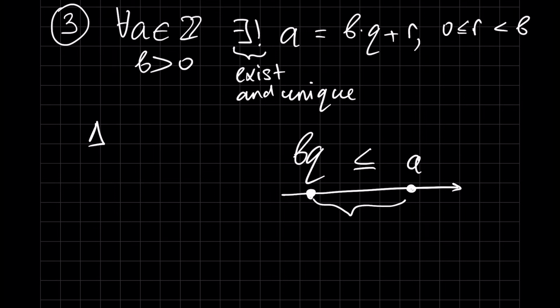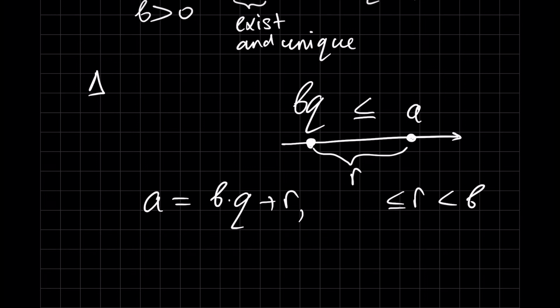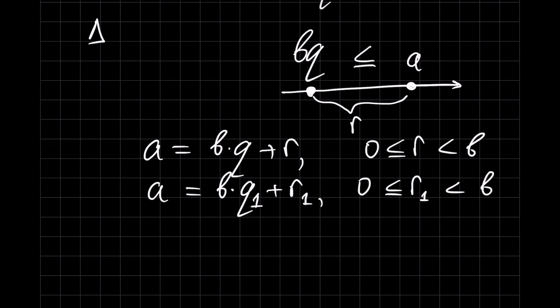And this distance between these two numbers will be R. And we can write A equal to B times Q plus R, where our R is less than B and not negative. So this representation is quite obvious, but assume we have another representation. A is equal to B times Q1 plus R1, where R1 is less than B and not negative. So we have two representations.